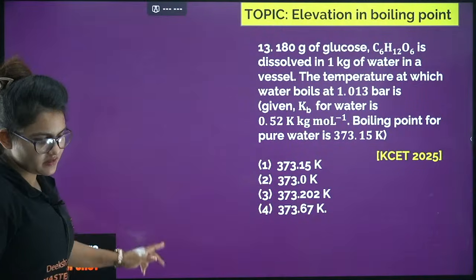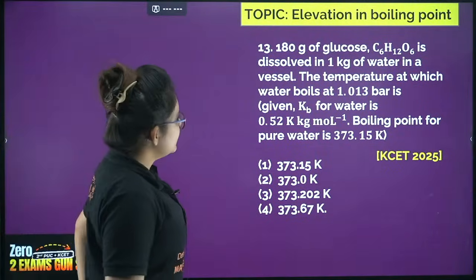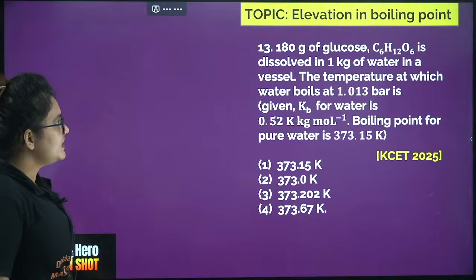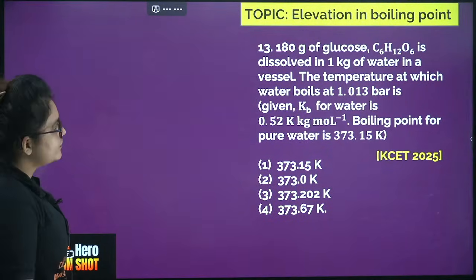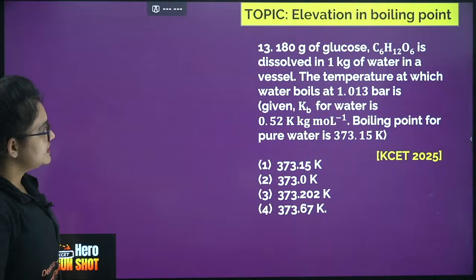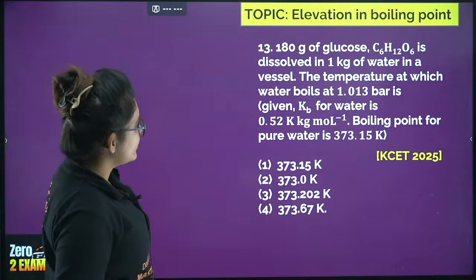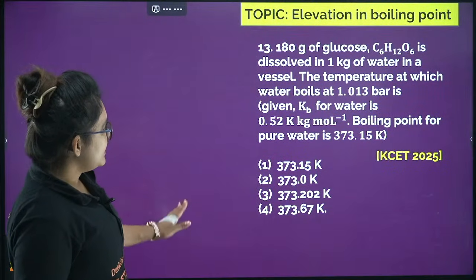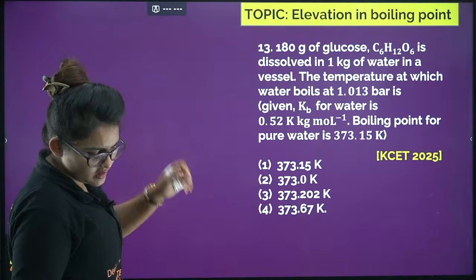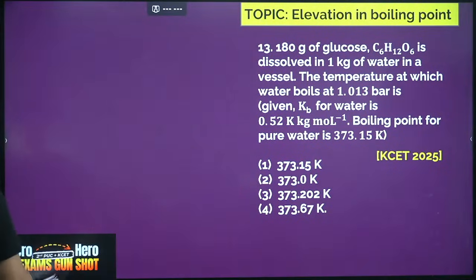Here you can see this particular question is for the KCET level. 180 gram of glucose is dissolved in 1 kg of water in a vessel. The temperature at which the water boils at 1.013 bar. Here you can see the data are given. This is also a very easy type of question. You can just proceed the same way that we did in the last question.